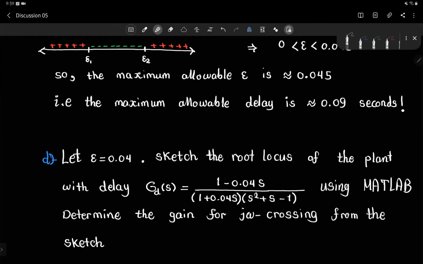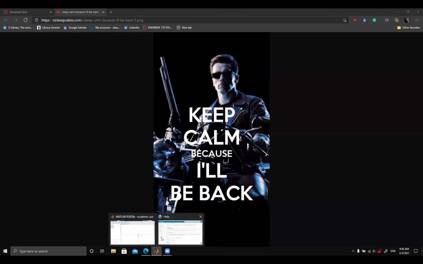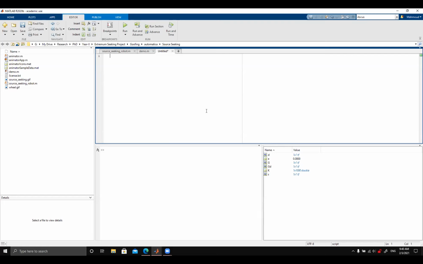So let's go to MATLAB. Let's continue. We start by setting s equal to tf of s. Then we put our transfer function, which is g equal to 1 over s squared plus s minus 1.